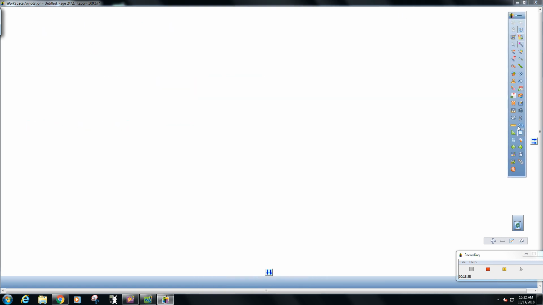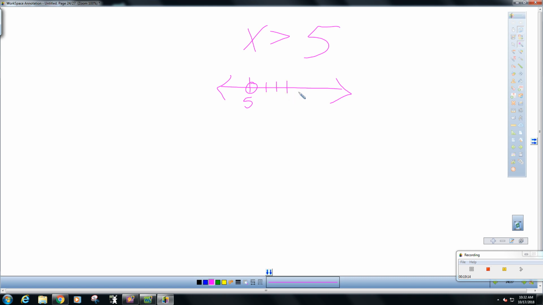So, if you got X is greater than 5 for your answer, what would that look like on a number line? You would have an open dot, and then you'd have the line going that way. What's the interval notation for that? 5, comma, infinity.